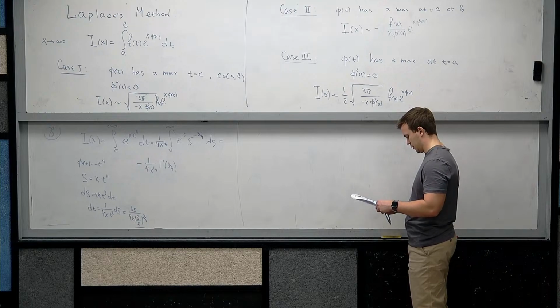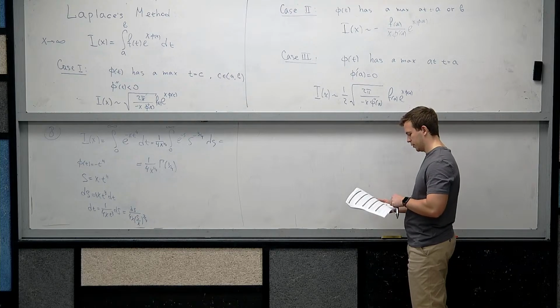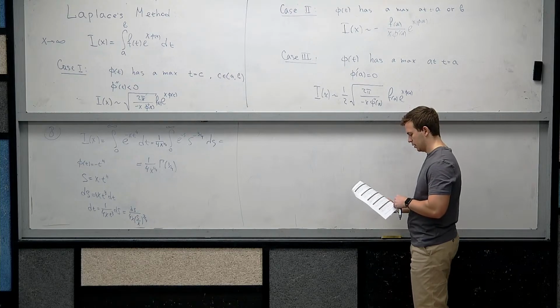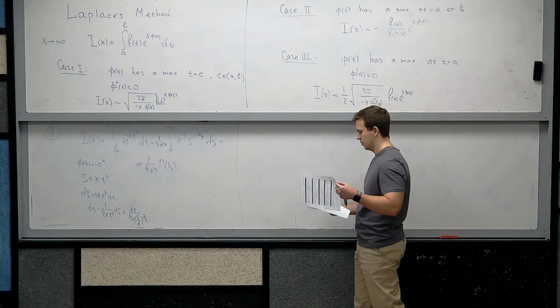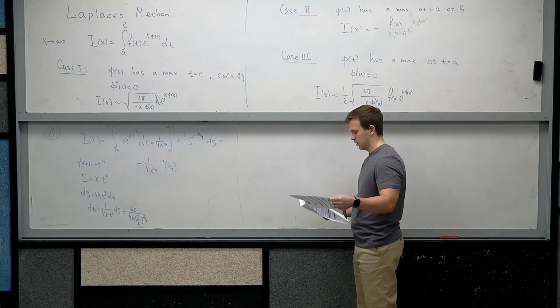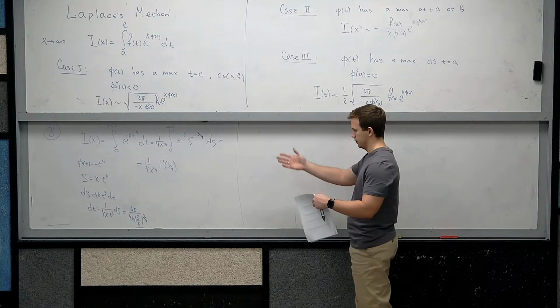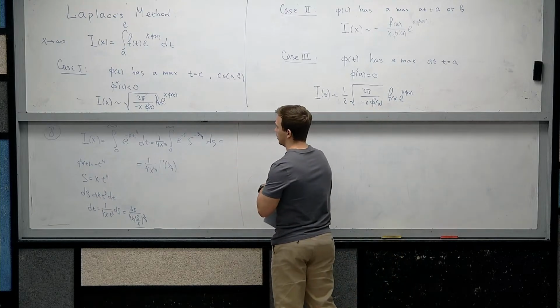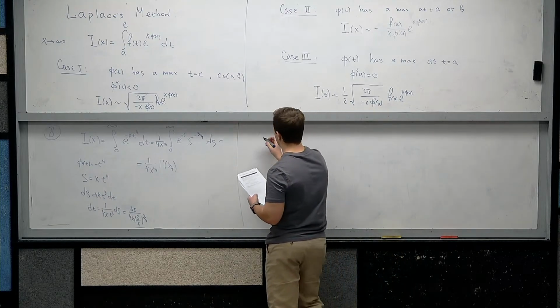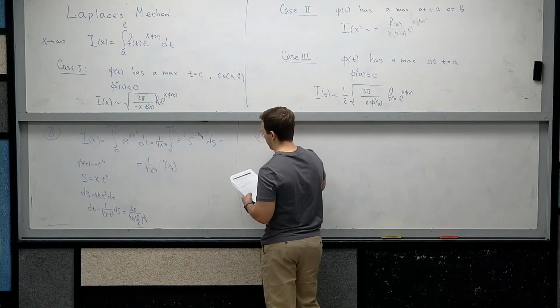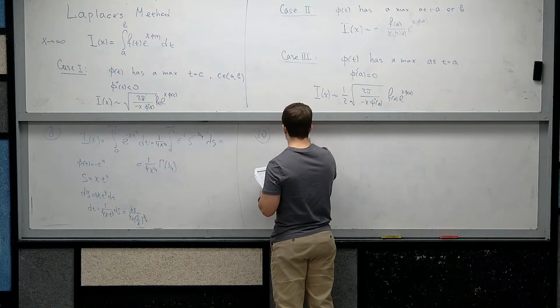Okay, so in the third notes I have pretty much the same example for the t cubed. So it's not very informative for us because it's pretty much the same way to solve it. And the last example is the following.